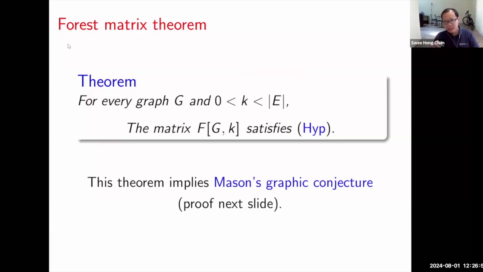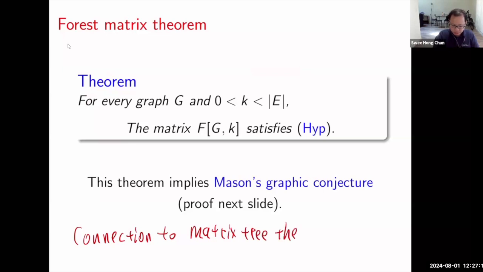Oh, by the way, one common question people ask whenever I present this part is: what is the connection to the matrix tree theorem, which says that the number of spanning trees of a graph is equal to the determinant of the Laplacian matrix?